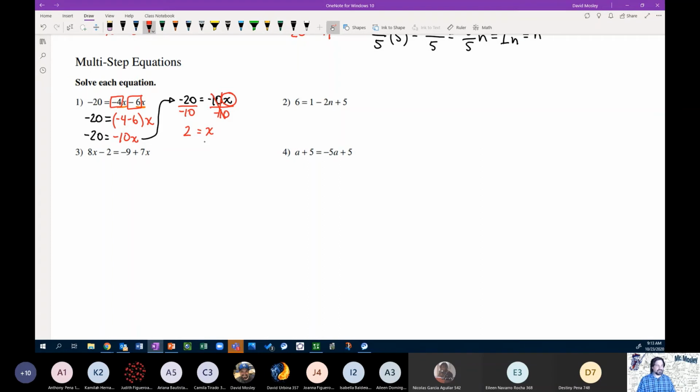Now, we want to check our work. Right, unfortunately, these problems ended up closer together than I wanted them. So I'm going to check over here. And I'm going to put 2 in place of x for this equation.